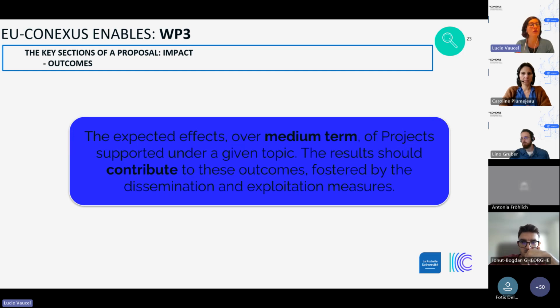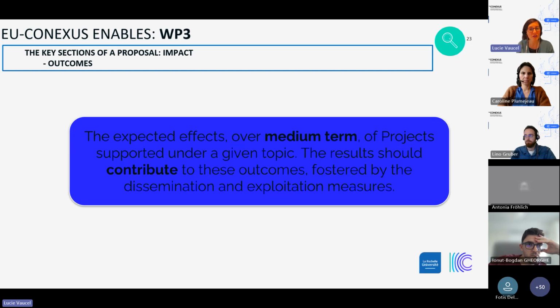Outcomes of the project are expected effects over the medium term of projects supported under a given topic in a specific field. The results of the project should contribute to these outcomes, fostered by the dissemination and exploitation measures.